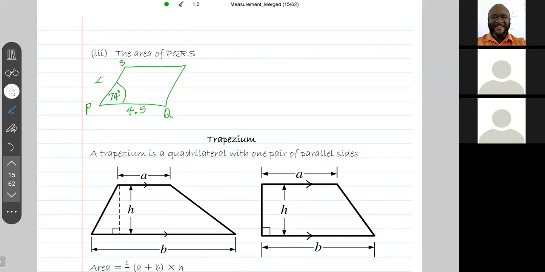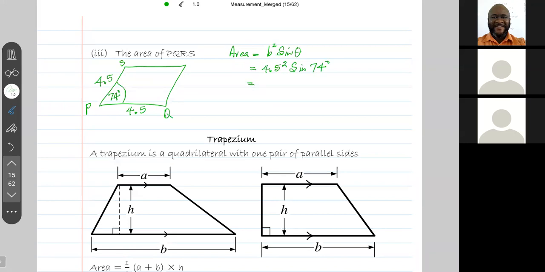This side is 4.5. The area is equal to a b sine theta. So this is 4.5 squared times the sine of the angle between them, which is 74 degrees.